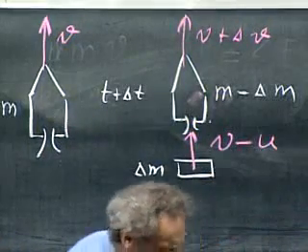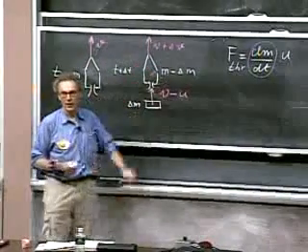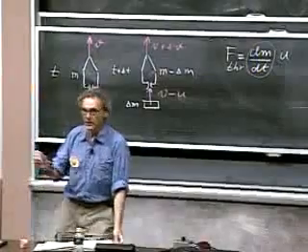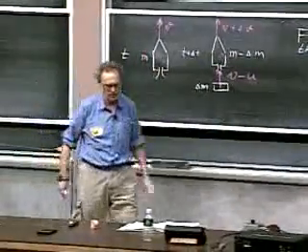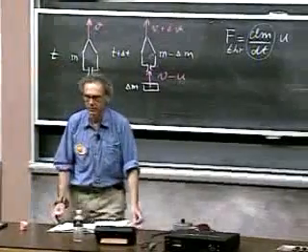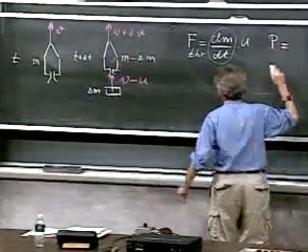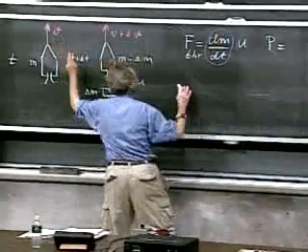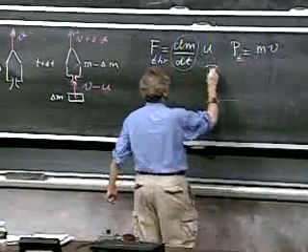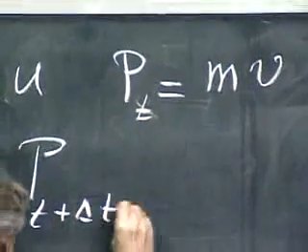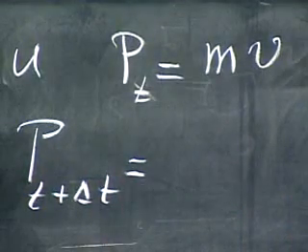Now, I'm going to compare the momentum here with the momentum there. And we take the situation that there are no external forces acting upon it. Somewhere in outer space, this rocket burns. Momentum must be conserved. The momentum at time t equals m times v. That is very simple. That is time t. The momentum at time t plus delta t of the entire system, including the exhaust.